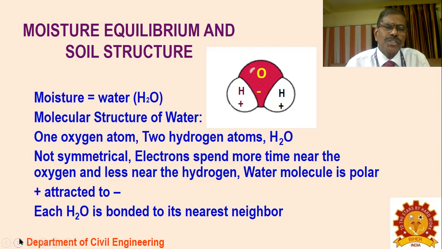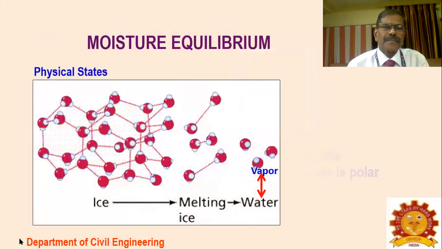Each H2O is bonded to its nearest neighbor. The bonding of the water is closely compact and very tightly held in the solid state, when it is in the state of ice.